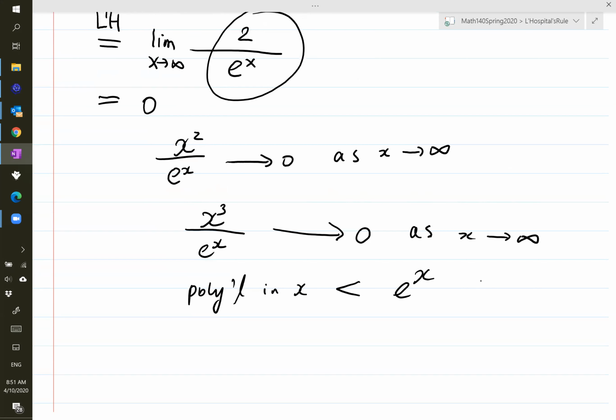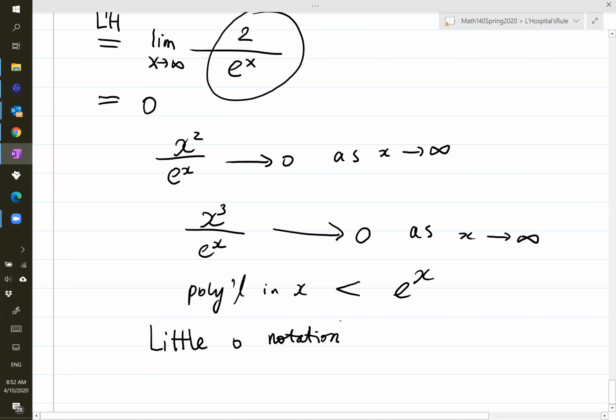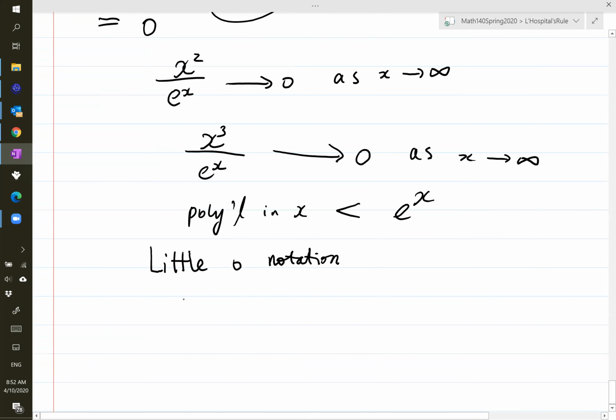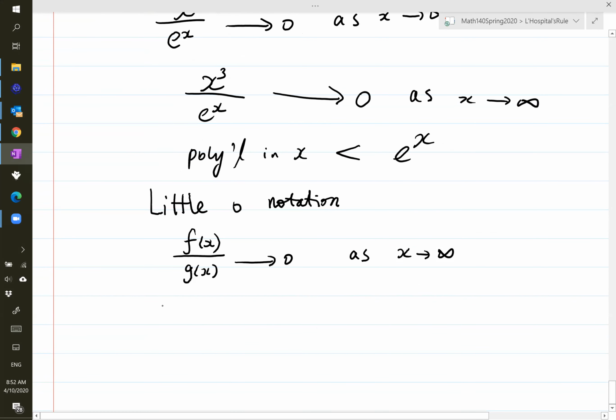Okay, so here we have another notation, which is the little o notation. If f(x) over g(x) approaches 0 as x approaches infinity, or as x approaches a, then we write f(x) is small order of g(x).